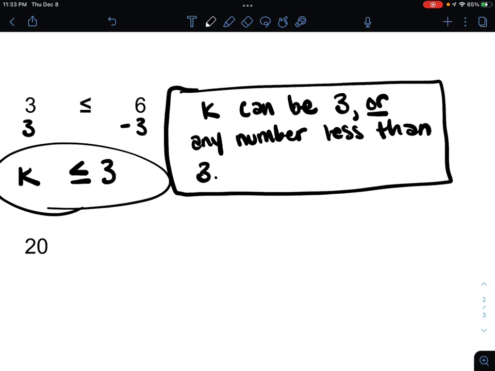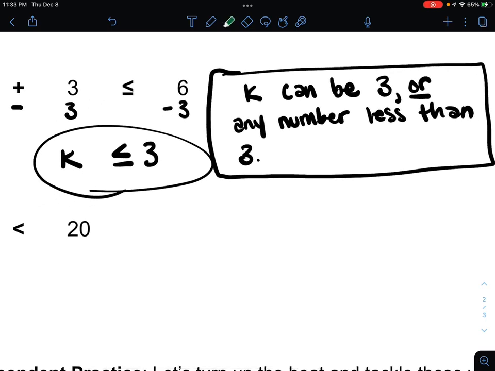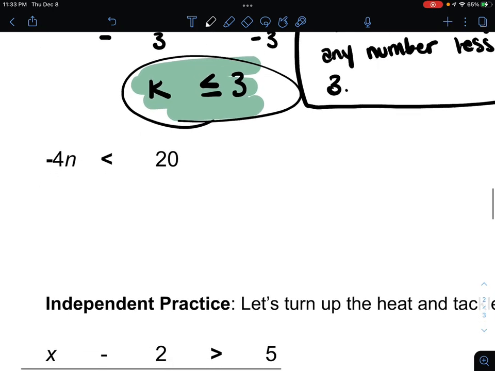Another way of thinking about this is that 3 would be the maximum number that k could be. k can be 3 or any number less than 3.